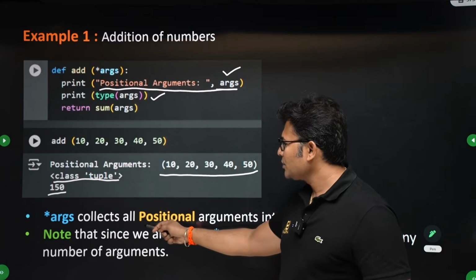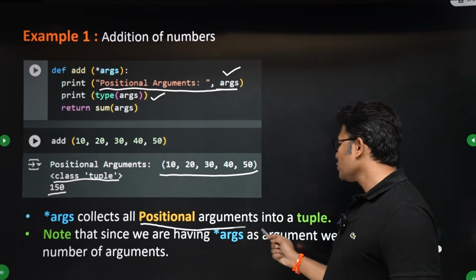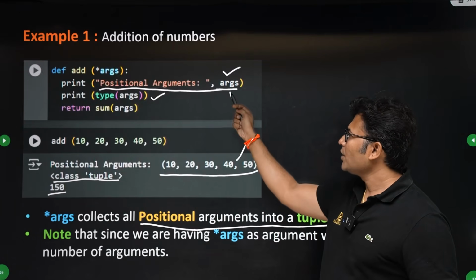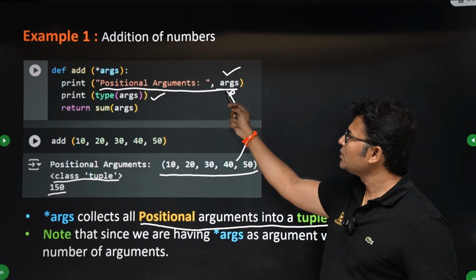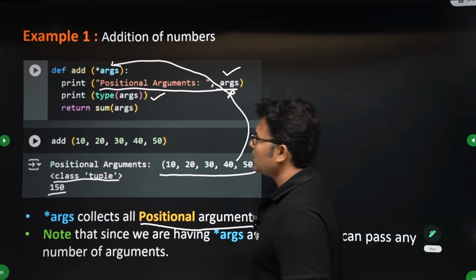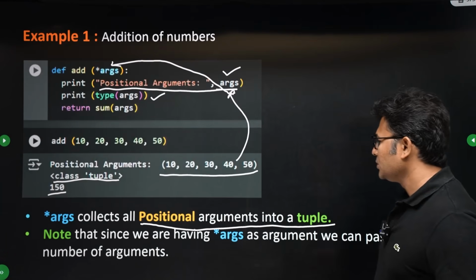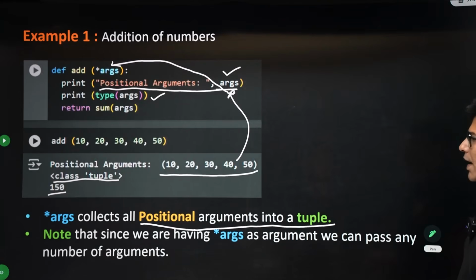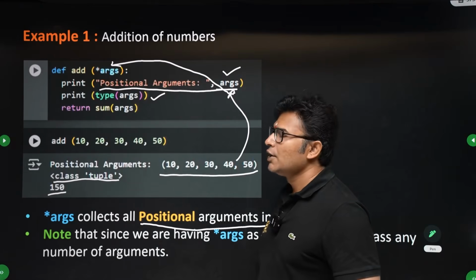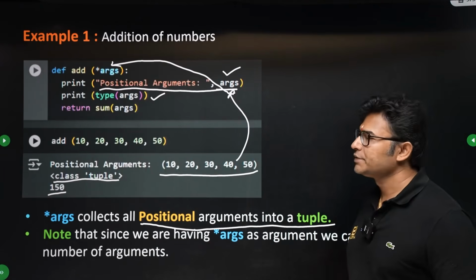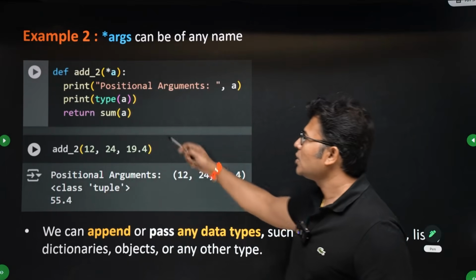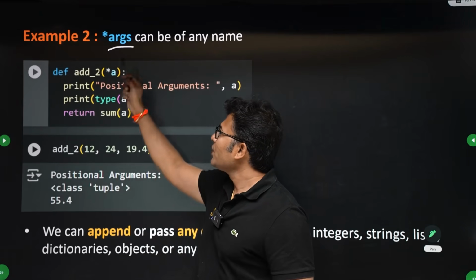So star args collects all the positional arguments into a tuple, which means all these positional arguments are converted into a tuple in args. Basically args is a tuple. You can pass any number of arguments, and you don't have to use the name args only. You can use any name.